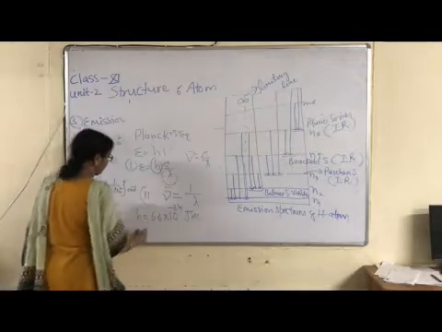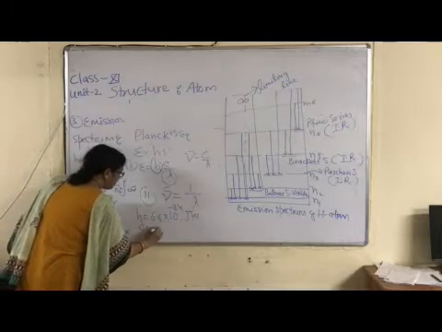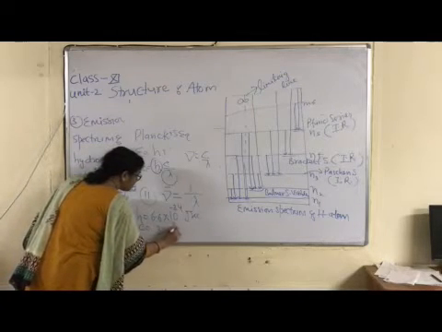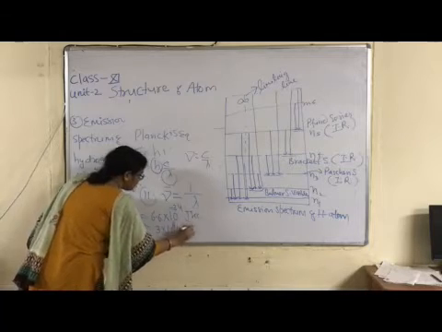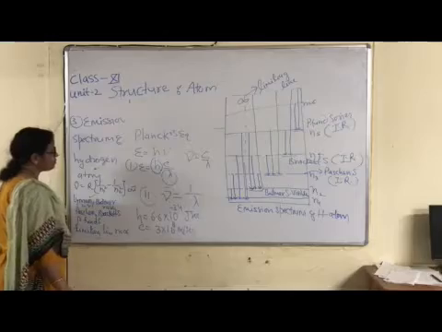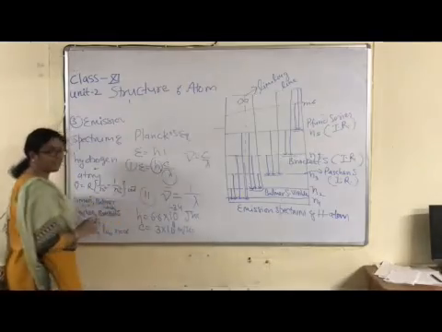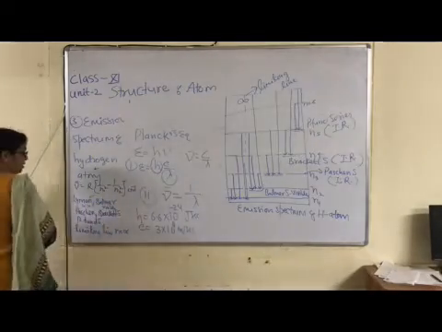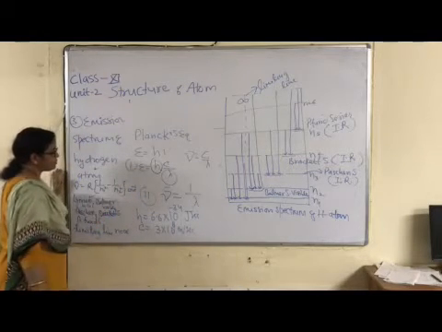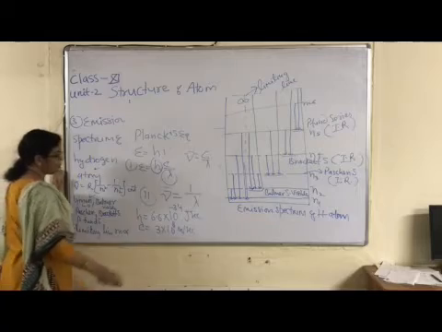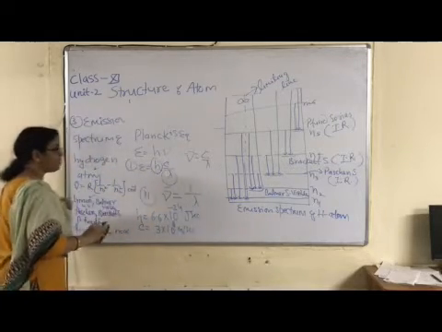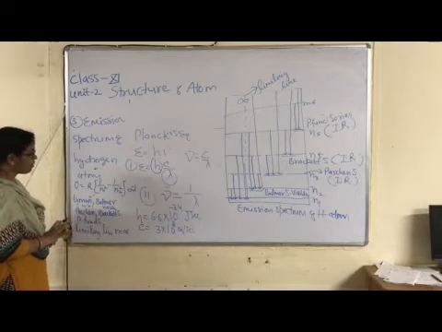Second is velocity of light, which is given as 3 into 10 raised to the power 8 meter per second, or 10 raised to the power 10 centimeter per second. Clear? Only two factors are variable here. Okay children, if wavelength is given, we can calculate energy. Or second significance, if wavelength is given, we can calculate wave number of any wavelength.